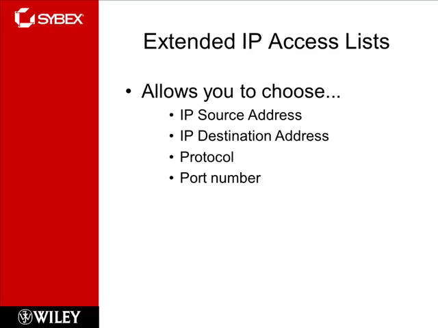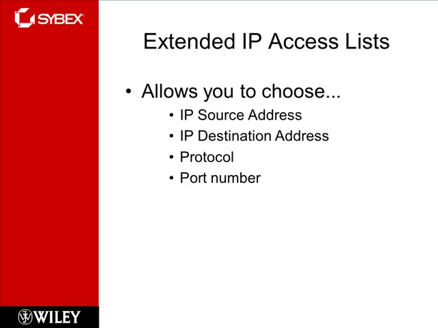The extended list allows you to choose the source, and we've talked about IP source address, IP destination address, the protocol, and the port number. And you get a source address and a source port number. When you write these things, if you write the source IP address and the source port number, it's looking at the source port, not the destination port.